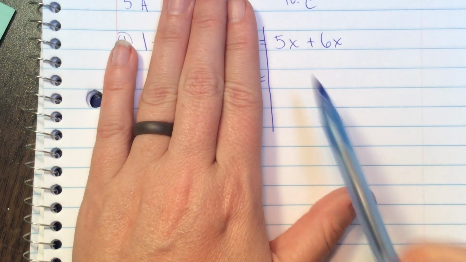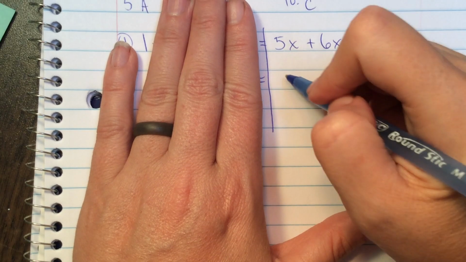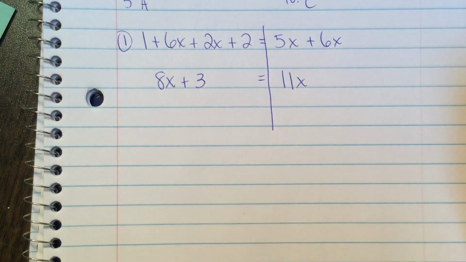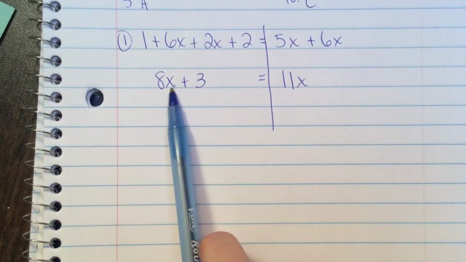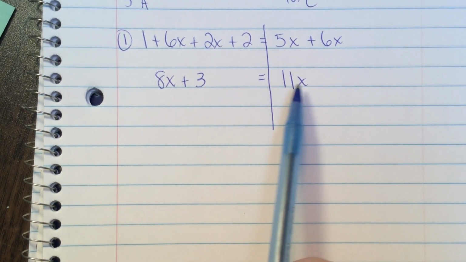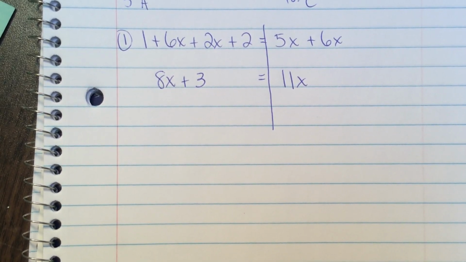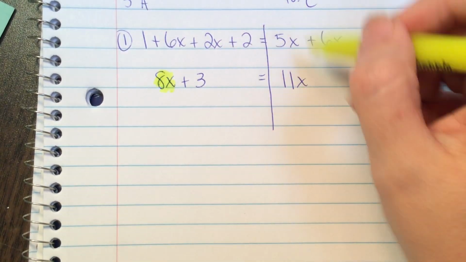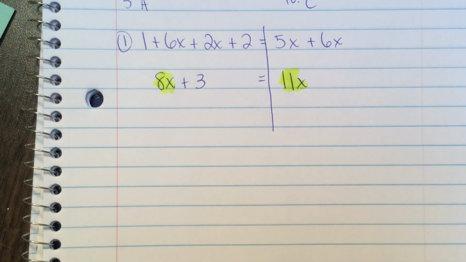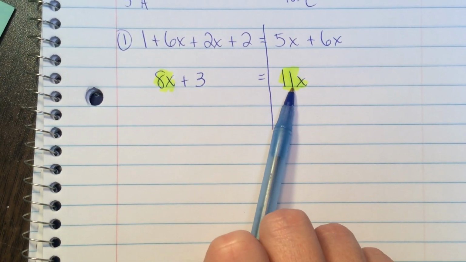And then you have this side, 5x plus 6x is 11x. So now this is my new problem. I have 8x plus 3 equals 11x. So the question is, which one's smaller? 8x or 11x?